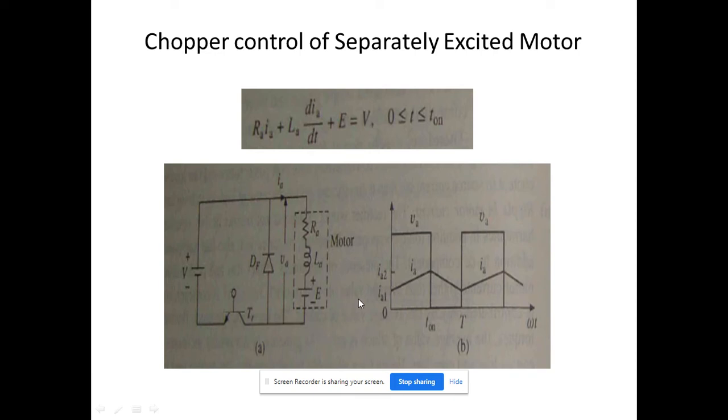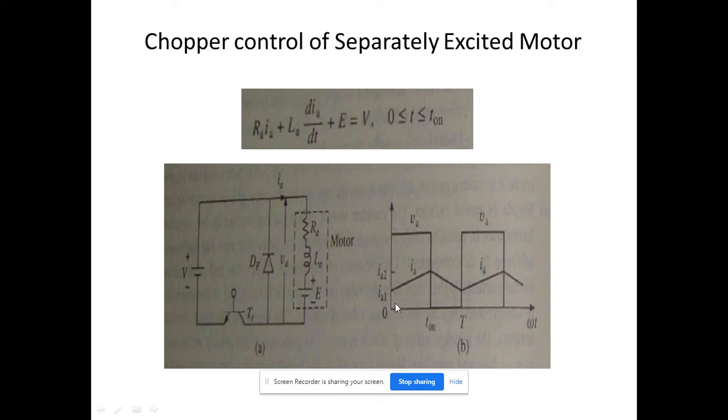and from time interval T on to T, the chopper is disconnected. The switch, this transistor TR, is operated. When it is on, then current increases from Ia1 to Ia2, and when it is disconnected, then current decreases from Ia2 to Ia1.